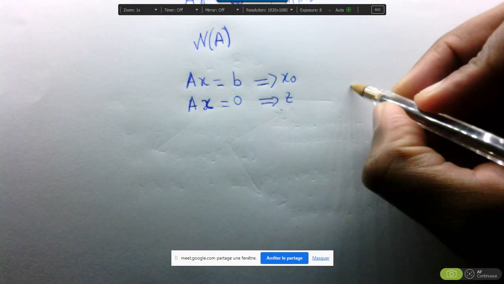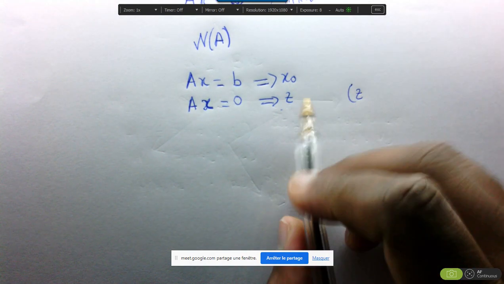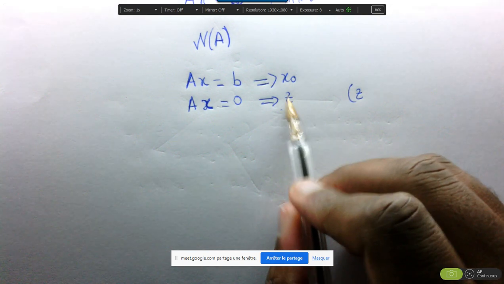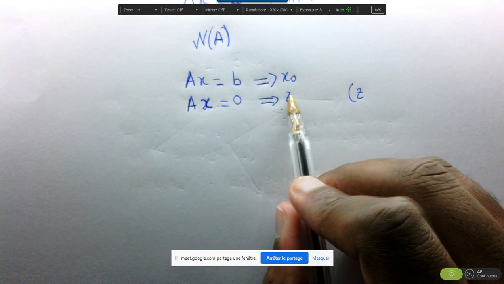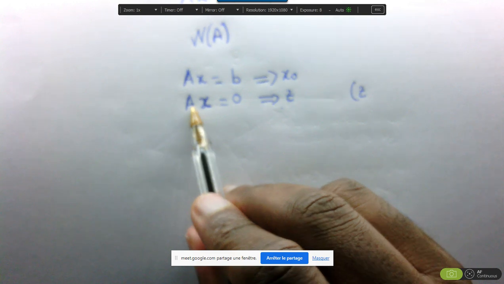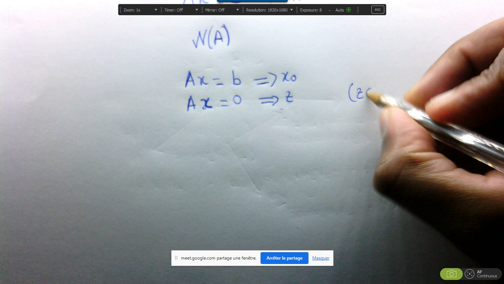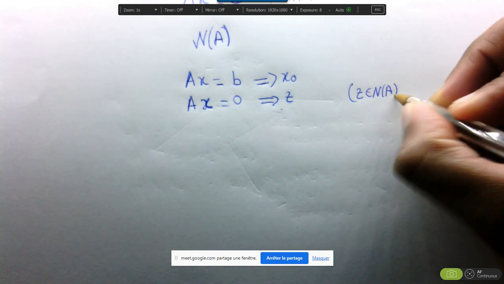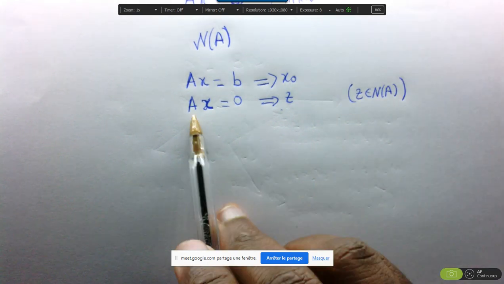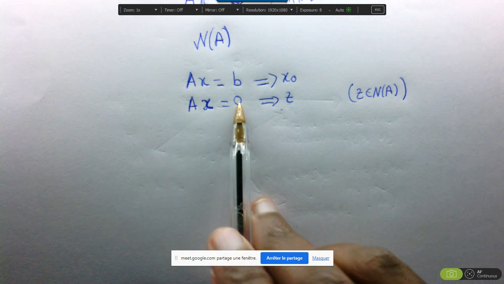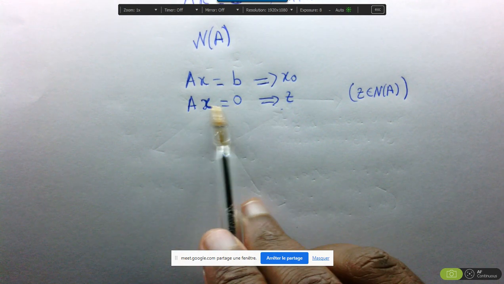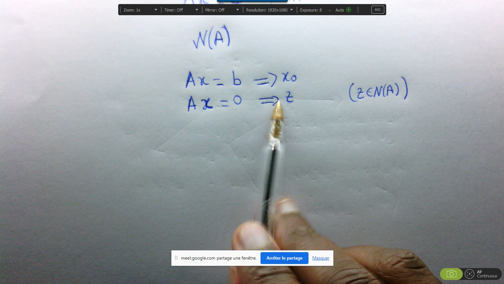Okay, so let me put in parentheses z, this vector solution, such that A multiplied by z equals 0. This vector solution belongs to the null space of A. Now I said Ax equals 0 gives me as solution z.